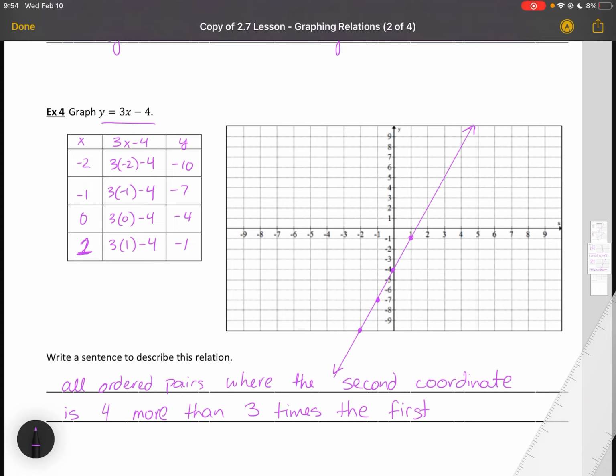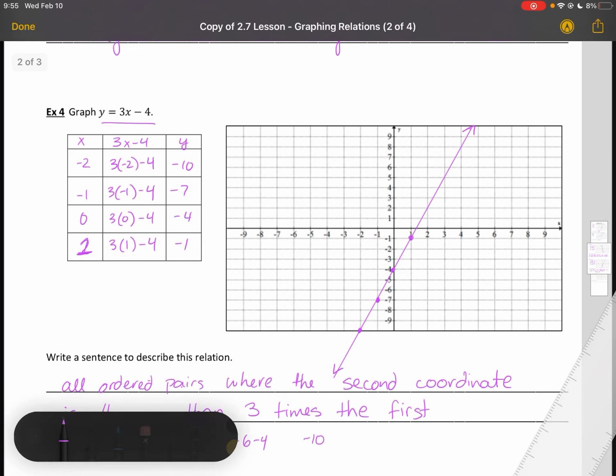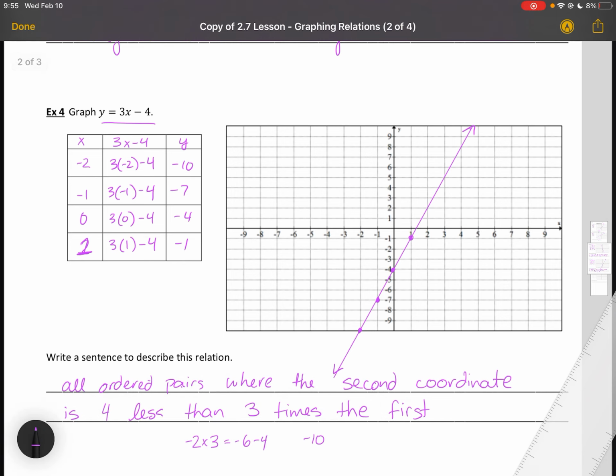I would have my first coordinate could be minus 2. I would multiply that by 3. That gives me minus 6. And then my second coordinate is minus 10. Yeah, okay, which would be 4 less. Always good to double check your solution.